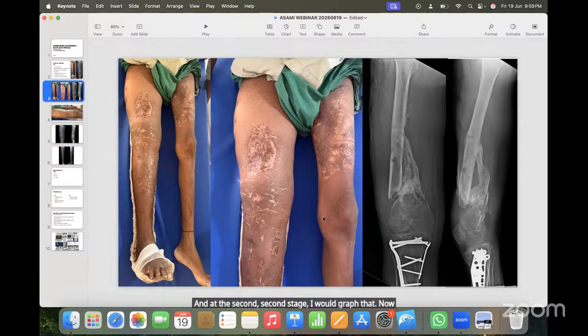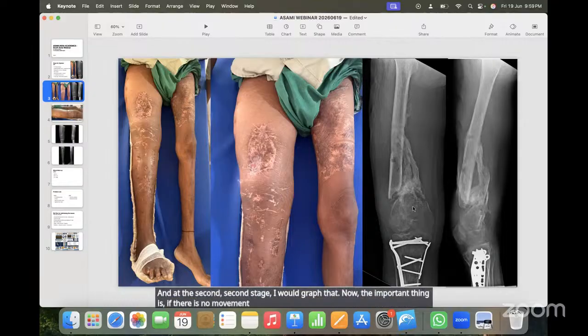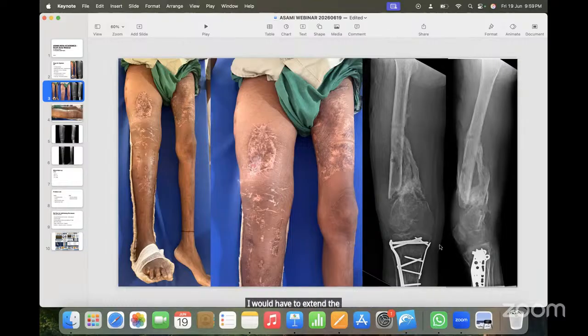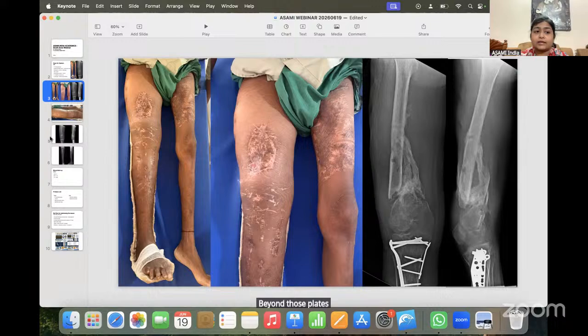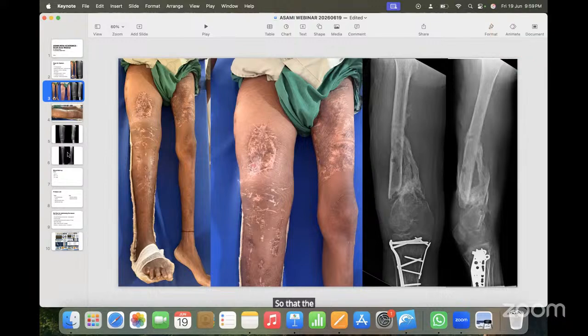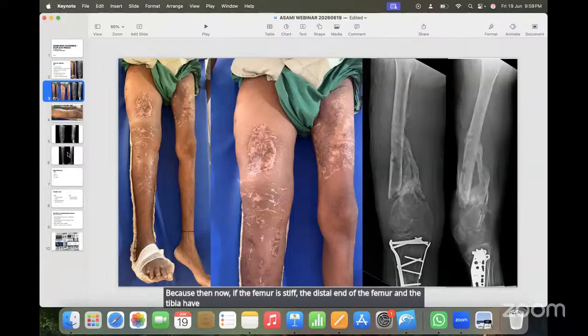Now, the important thing is, if there is no movement at the knee, which is what I suspect, I would have to extend the fixation of the femur beyond those plates, so that the lever arm of the leg is not acting on that non-union site. Because if the knee is stiff, the distal end of the femur and the tibia have become one unit.